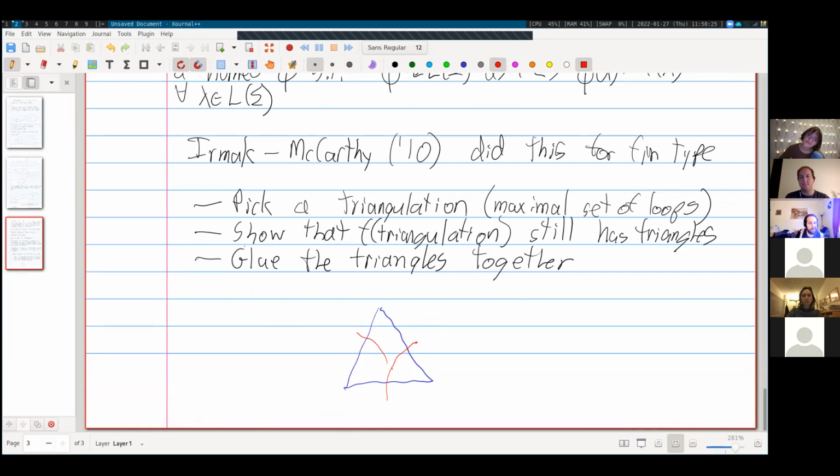Obviously, the argument of the paper is longer, but arguments like that and some other ones for some edge cases are used to show that the property of being a triangle is preserved under automorphisms of this graph. So then you map each triangle in the original surface to a triangle in the new surface, and you glue them together, and that gives you a homeomorphism.